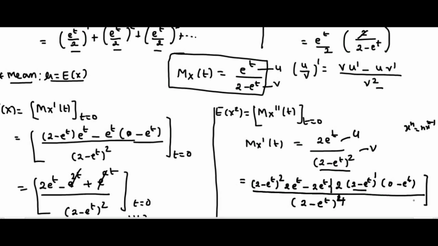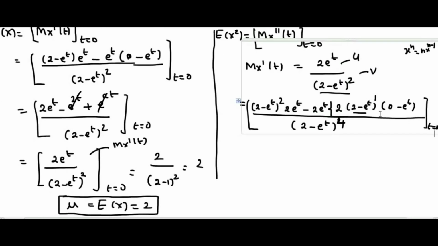Now we substitute t equal to 0, and the answer is the E of X square value. I am not simplifying this, directly we substitute t equal to 0. Coming to here, e power 0 is 1, so the numerator has 2 minus 1. If we substitute here, we get 2 only.